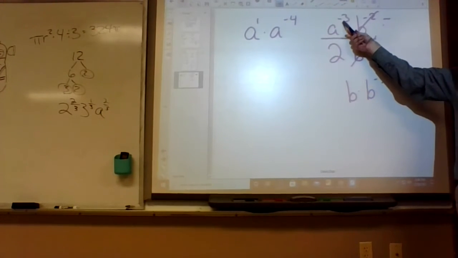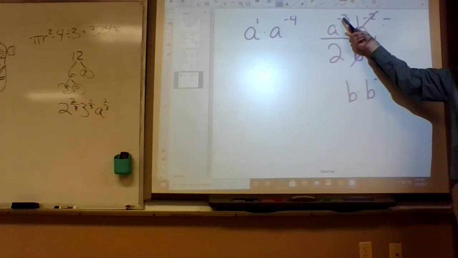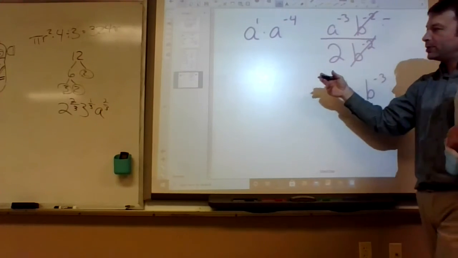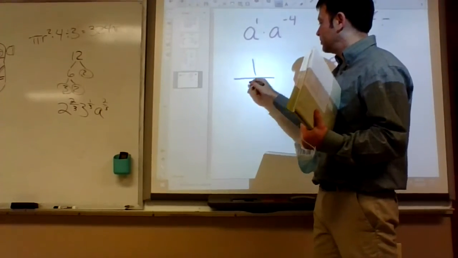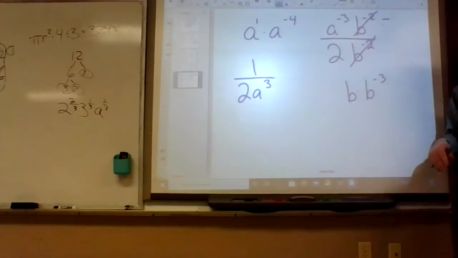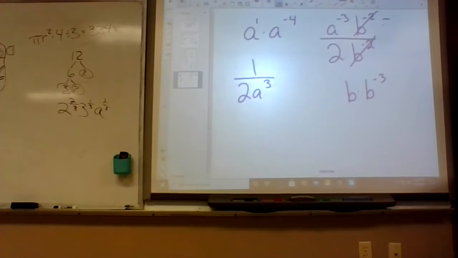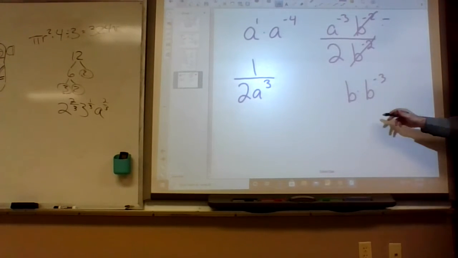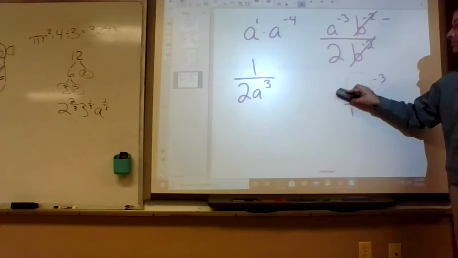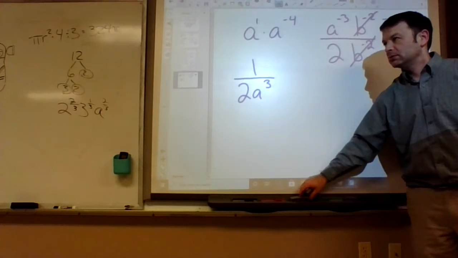No. A to the 3 goes to the bottom, so what's left on the top? 1. So it's 1 over 2a to the 3. If there's nothing up there, it's a 1. It's kind of like if there's nothing on the bottom, it's like a 1. That actually kind of makes sense.